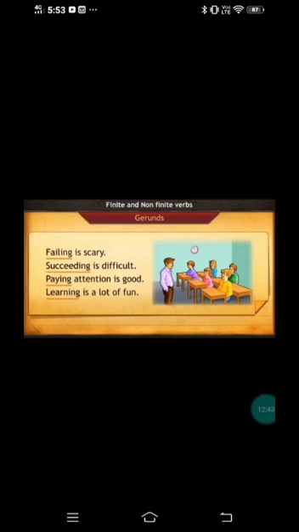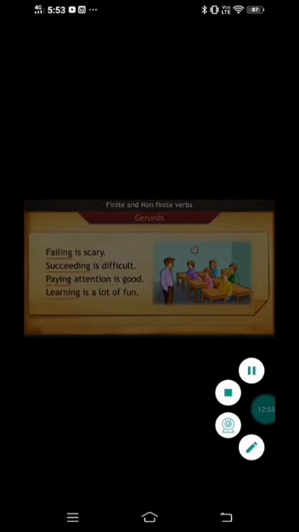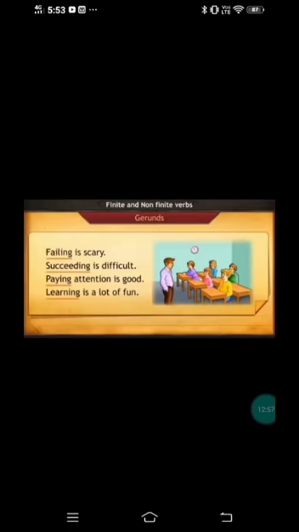But these verbs are acting as nouns in the sentences. If the verb is ending in ing and if the verb is acting as a noun in the sentence, then that kind of verb is called a non-finite gerund verb.